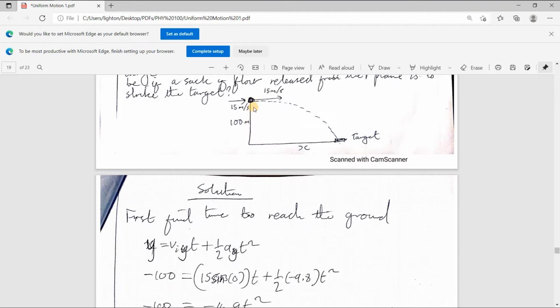We've chosen up as positive, but this 100 is down from the origin, the starting point there. So y equals viy t plus half ay t squared. So our y, minus 100, is equal to viy, which is just 15 sine 30. Of course, the 15 sine 30 is coming from vi sine 30. So we'll say 15 sine 30 times time plus half ay, which is minus 9.8, t squared.